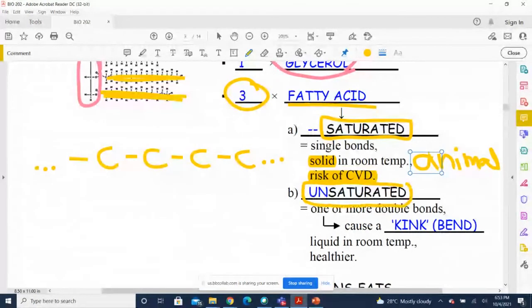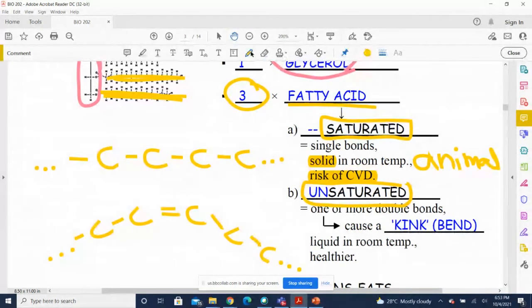Unsaturated fatty acids, instead, have either one or several double bonds somewhere along the path of the fatty acid. And by having this double bond, there is a significant effect.